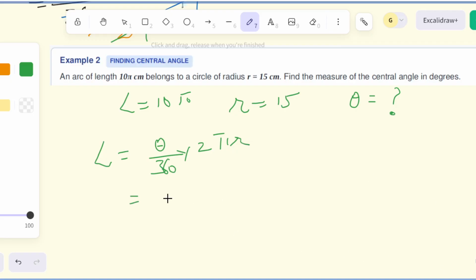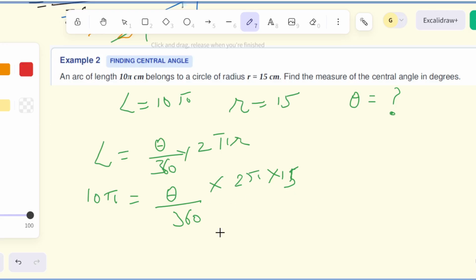Theta we don't know, 360 we know, and here this is 10 pi, right? 10 pi equals theta upon 360 into 2 pi into r, which is 15. Correct, right?